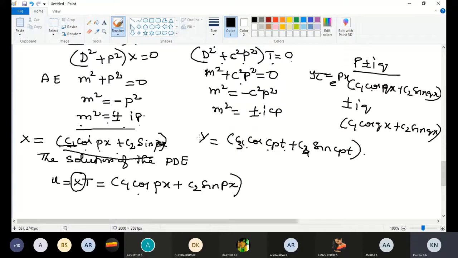And this is T here. T is equal to c3 cos cpt plus c4 sin cpt. In place of T you have to write down c3 cos cpt plus c4 sin cpt. Okay, this is the required solution.